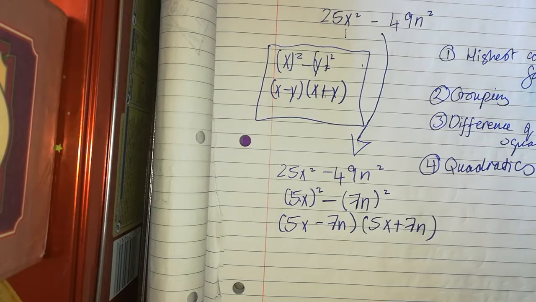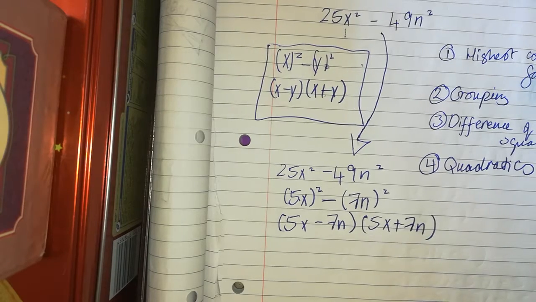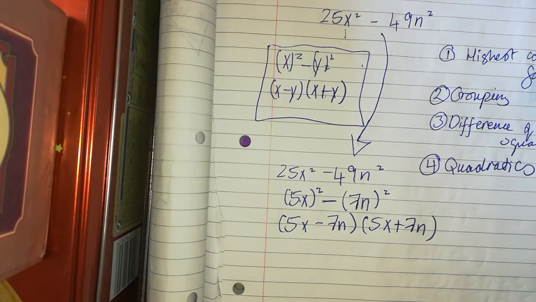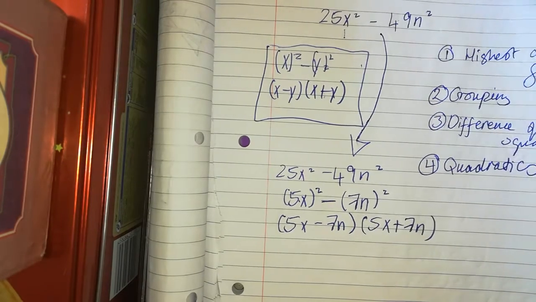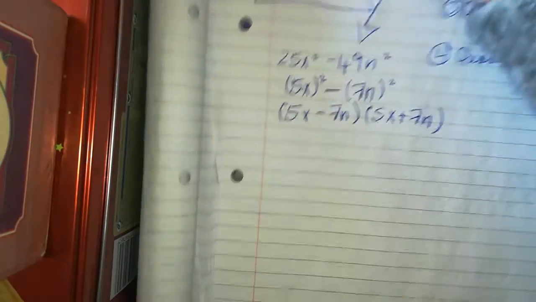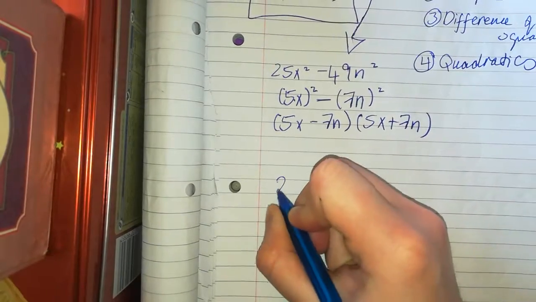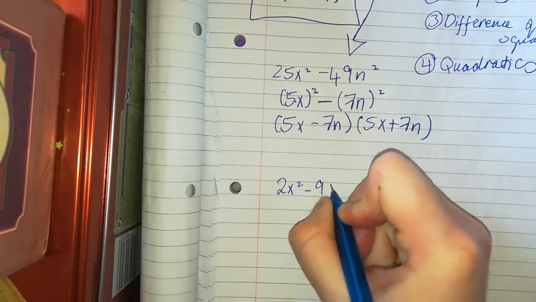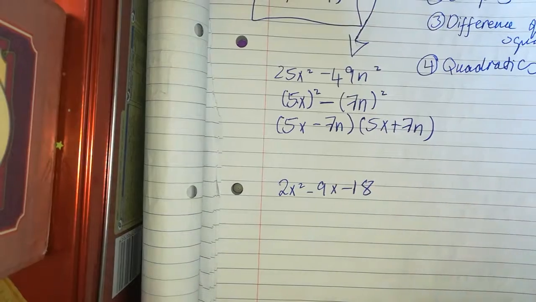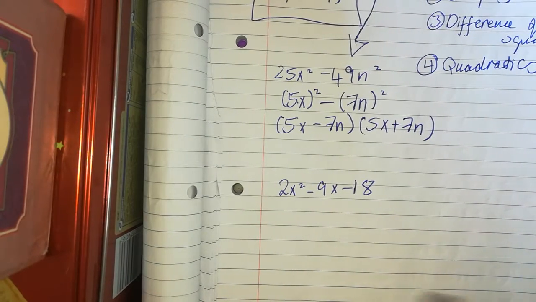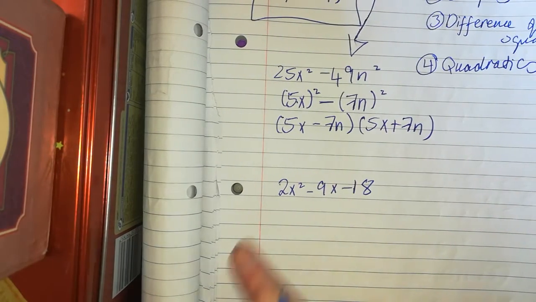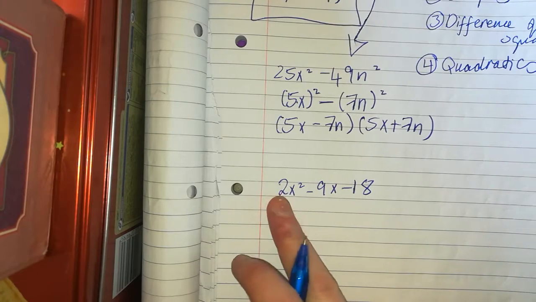That's that one. The next one on the paper: we're given 2x squared minus 9x minus 18, and we're asked to factorize this as well. As in the last video, there are two different ways to factorize when there's something greater than 1 here.